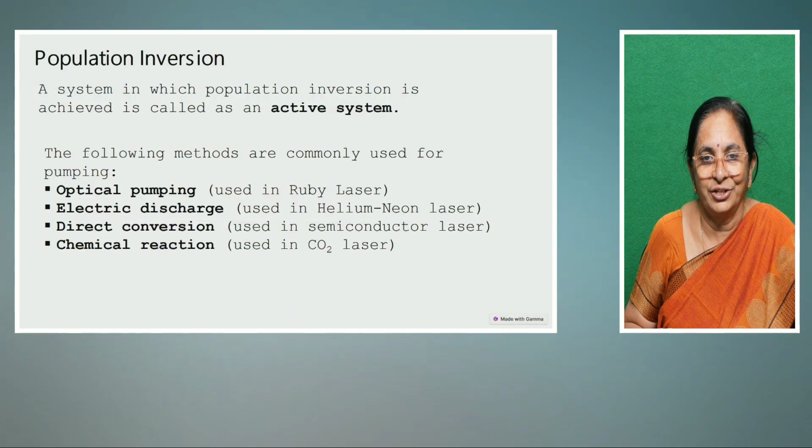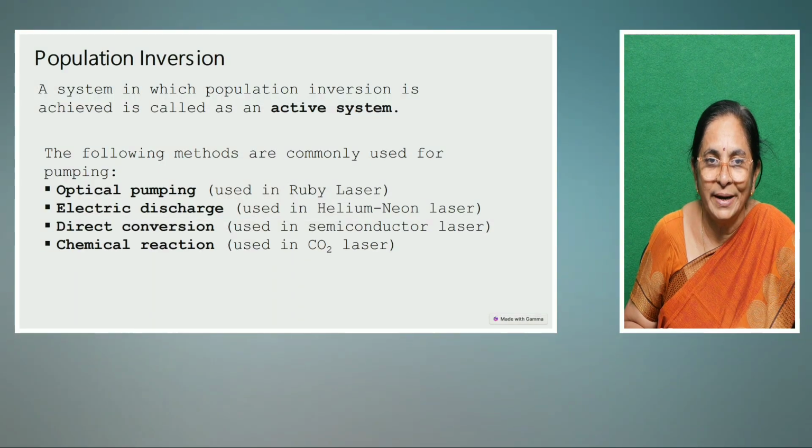And chemical reaction, which is used in the carbon dioxide laser. So what is pumping? Pumping of atoms from the ground state to the excited state is called pumping. There are 4 types of pumping methods: optical, electrical discharge, direct conversion and chemical reaction.